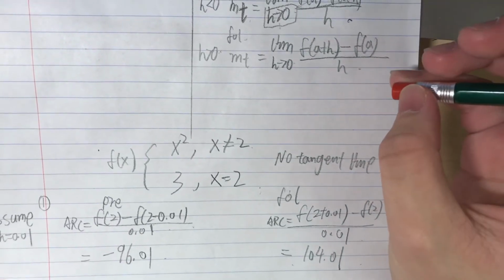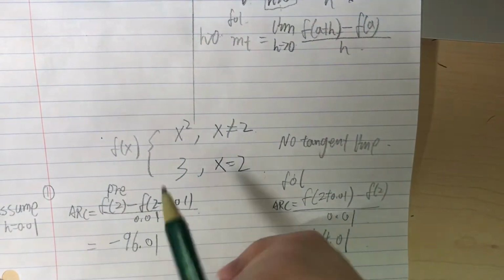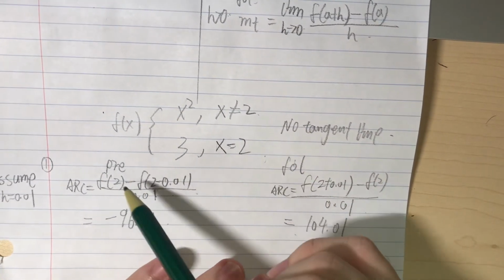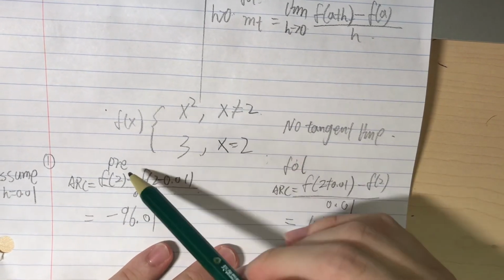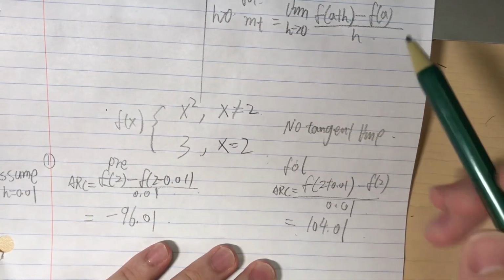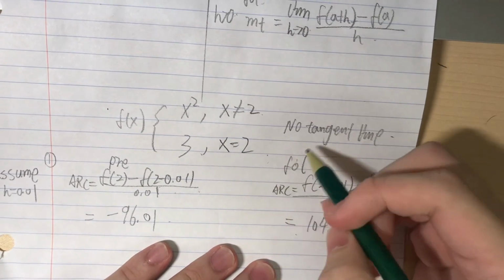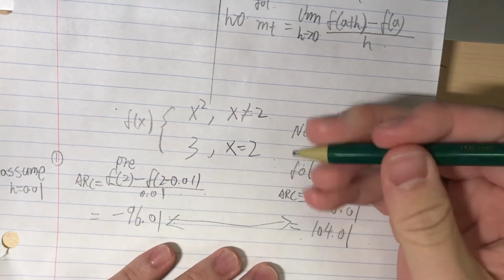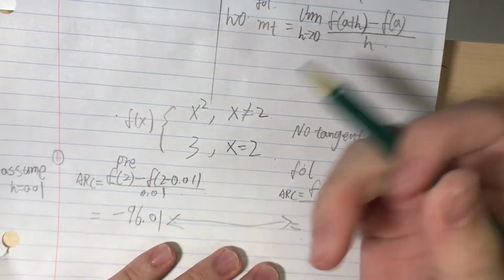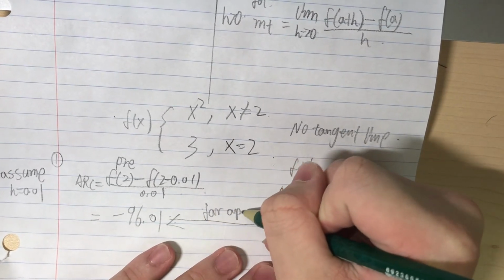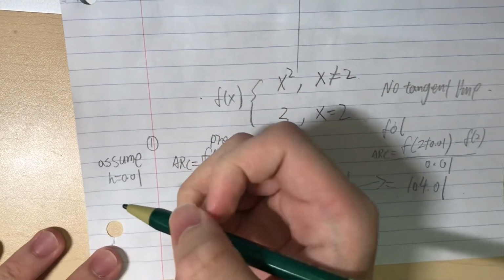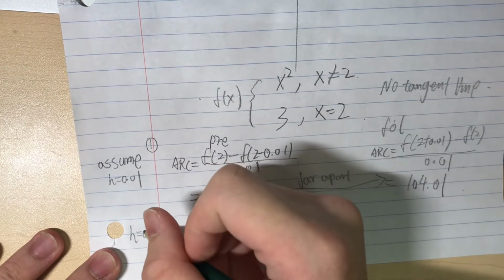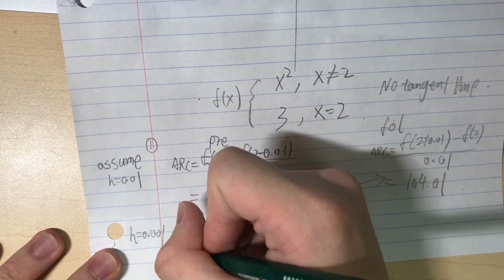Now we can compare these two answers. In our concept, which we studied before, when the graph has a tangent and we use the preceding interval formula and the following interval formula, we get two answers that should be very close. But now we can see these two answers are too far apart. Then we can change the h value, assume h is equal to 0.001.